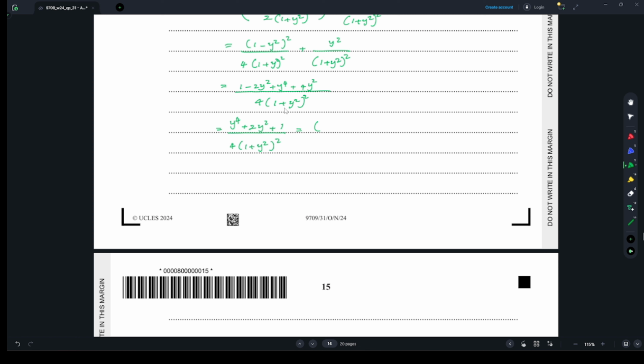So on top here, y to the power 4 plus 2y squared plus 1, that is the square of 1 plus y squared.